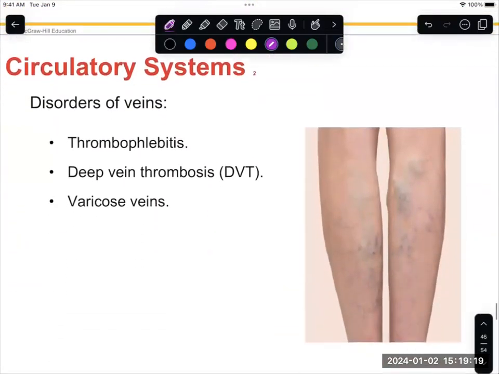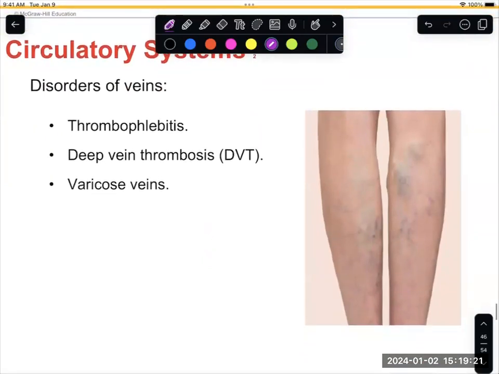Disorders of the veins. Thrombophlebitis, deep vein thrombosis, and varicose veins. Varicose veins are veins that have lost their elasticity, so they don't stretch. They've become swollen, and they do become very painful.